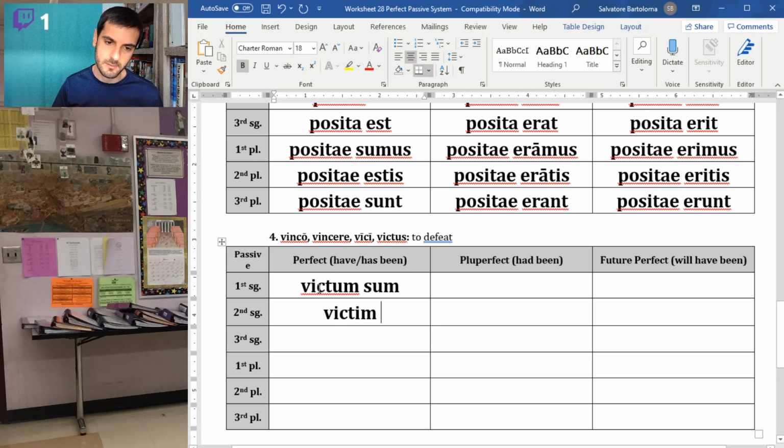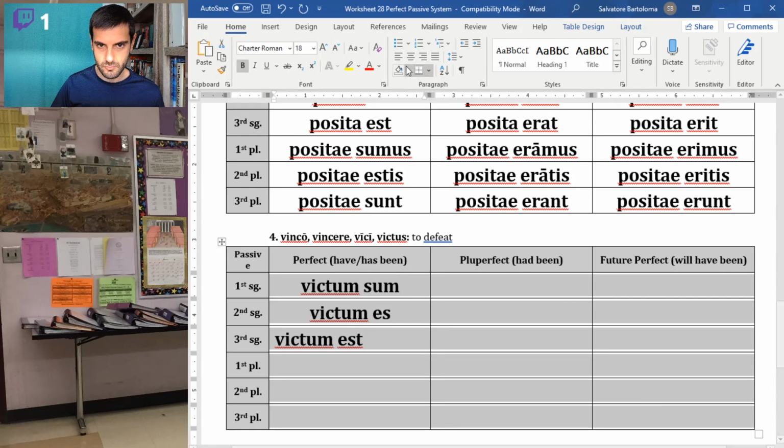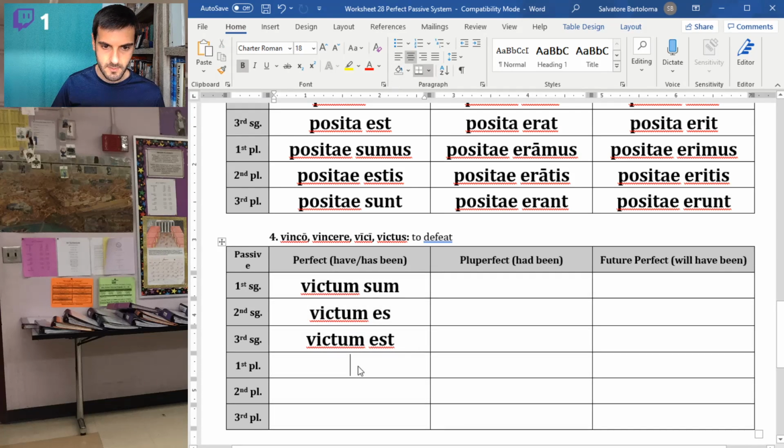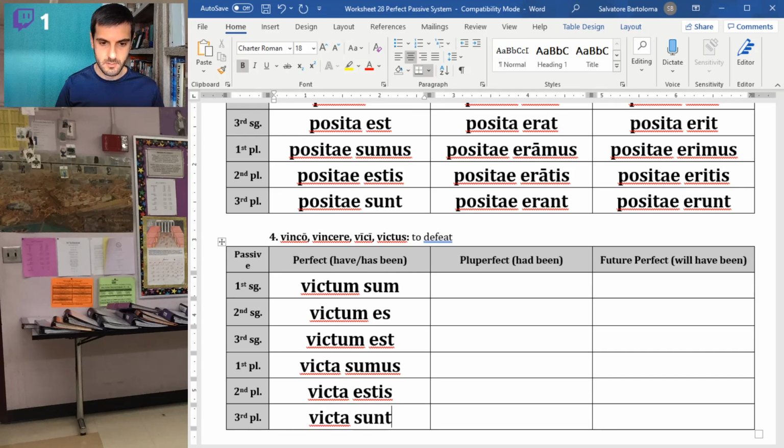Oh, my goodness. Stop automatically correcting. There we go. Victum es. Victum est. And the plural for neuters is going to be victa sumus, victa estis, and victa sunt.